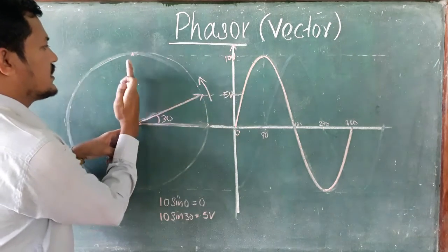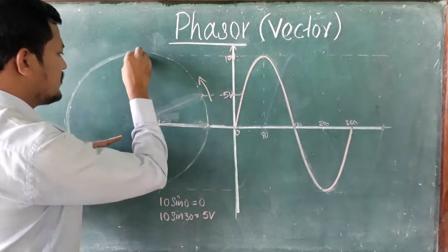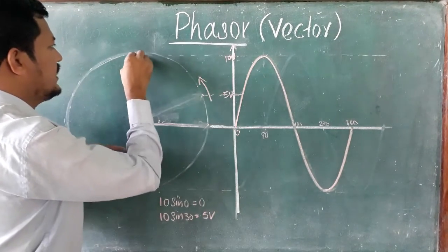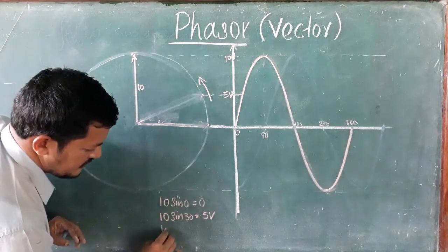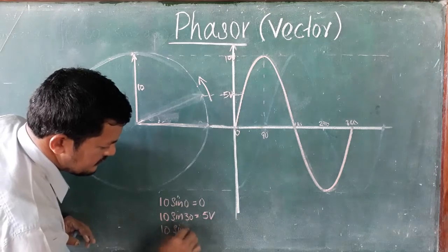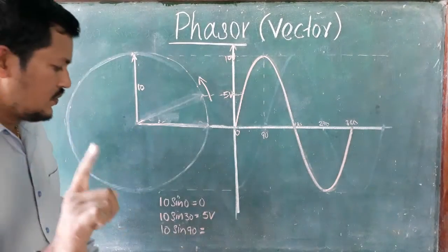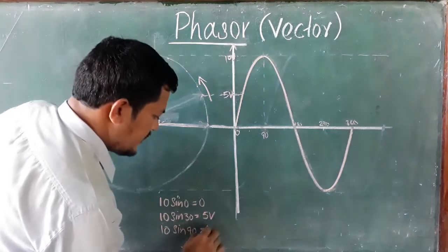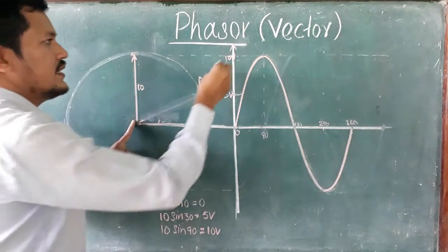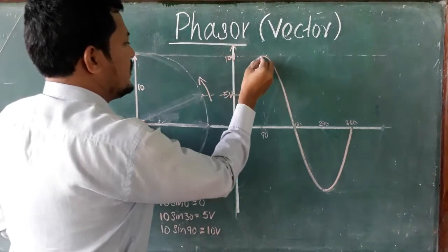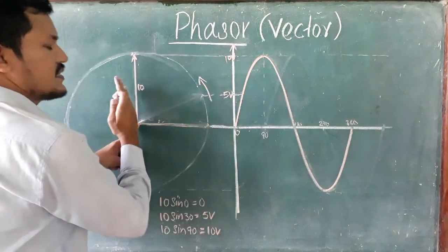Suppose the phasor reaches 90 degrees. Now we can find its value: 10 into sine 90. Sine 90 we know is 1, so 1 into 10 is 10 volts. So at 90 degrees it is 10 volts. So at every position we can convert with respect to its phasor.